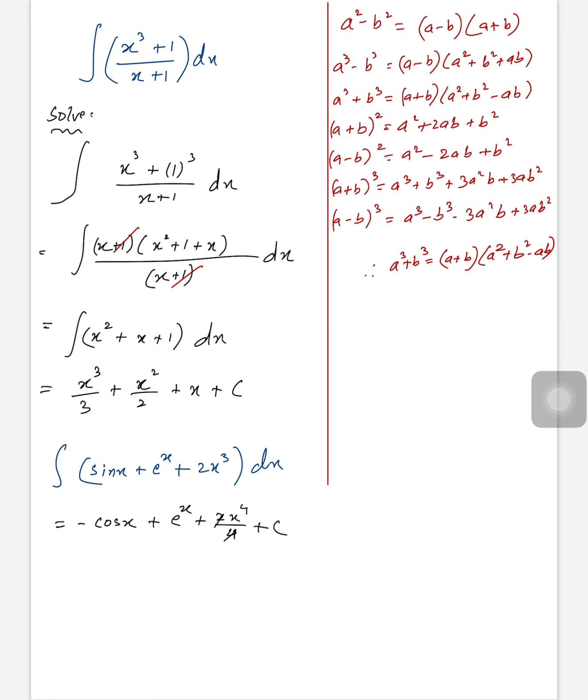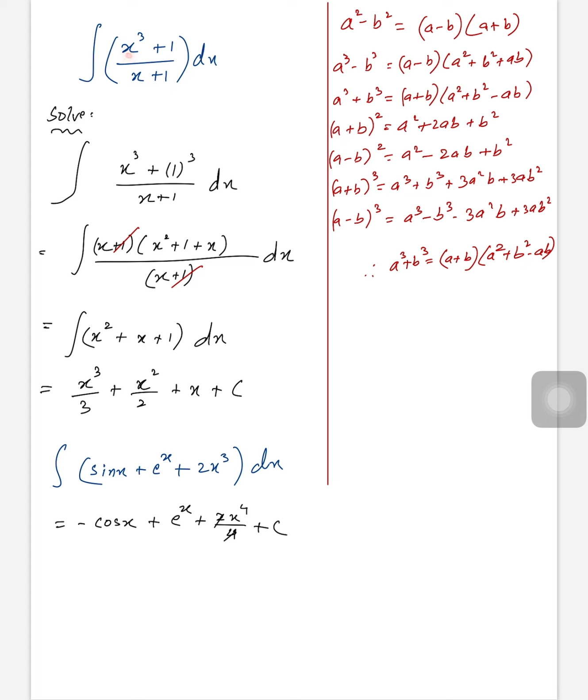So if this is the question, first you have to see whether the integration of this function exists directly or not. As we cannot solve it directly, the second step is to see whether some simplification is possible in it or not, right?